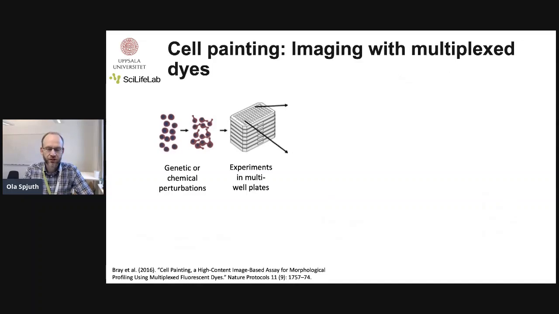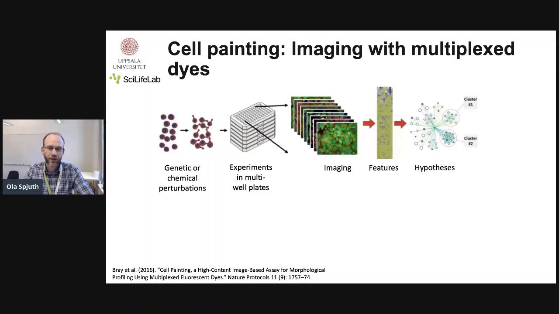So our workhorse experiment is cell painting, which is basically that we are treating cells with different types of chemical and genetic perturbations and studying them using microplates. So we can do a lot of experiments at the same time, with stacks of microplates, and then use high content imaging to image these cells in multiple fluorescent dyes.